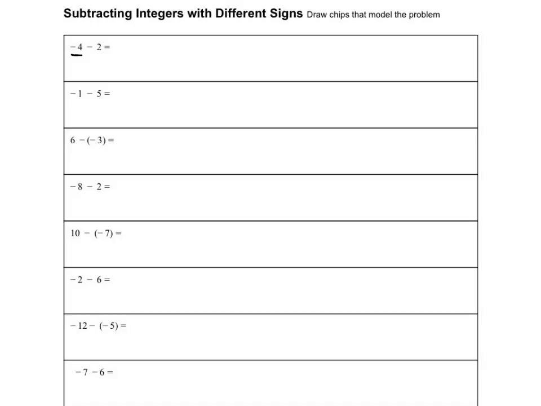So I need to start by putting 4 red chips on the board for negative. And I need to take away, that's what subtraction means, 2 positives. This is a positive. So I need to take 2 of those away.